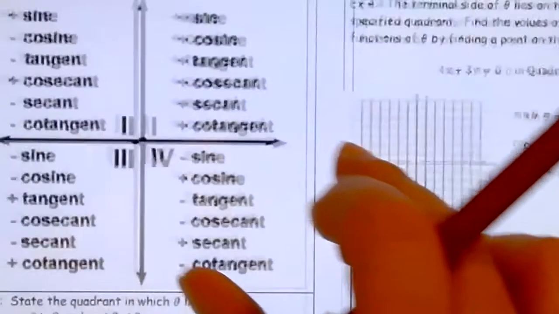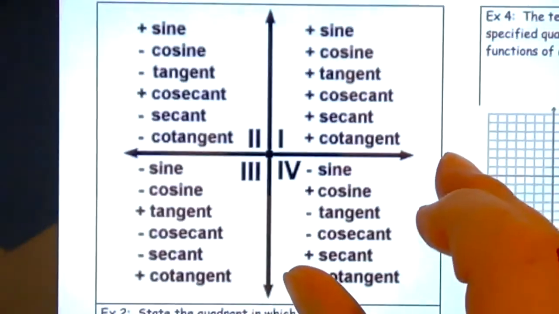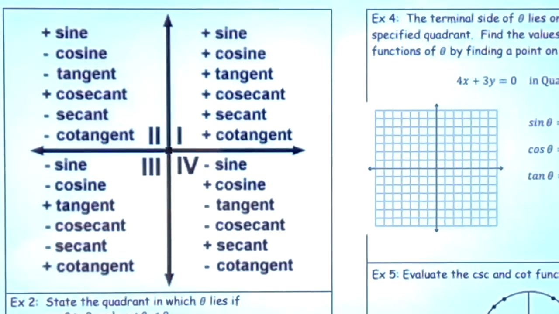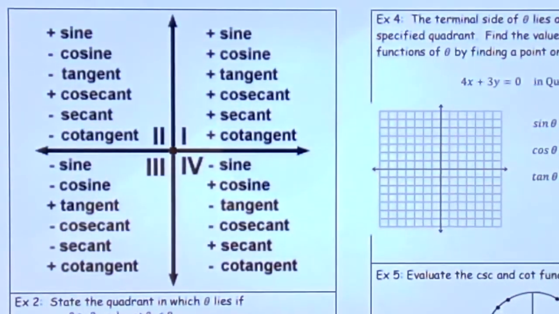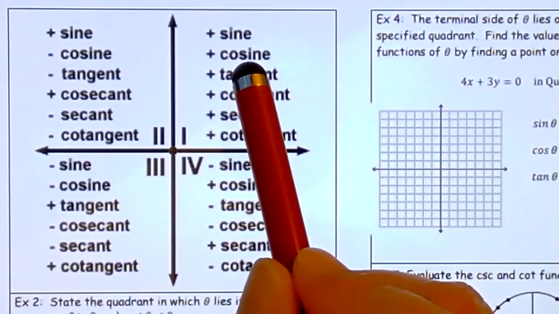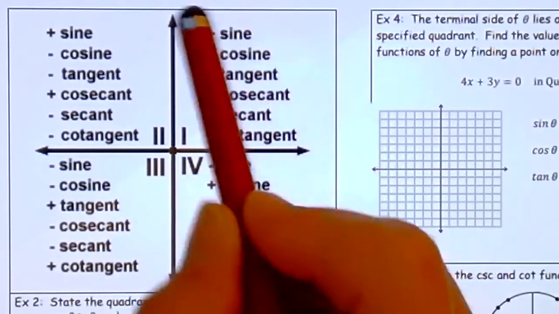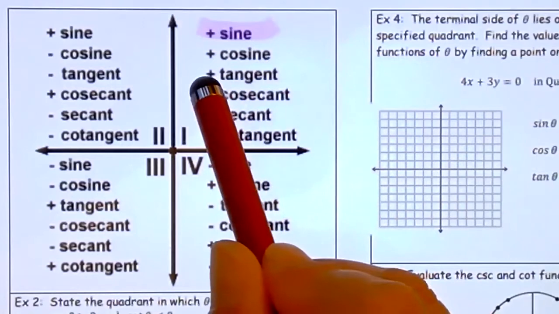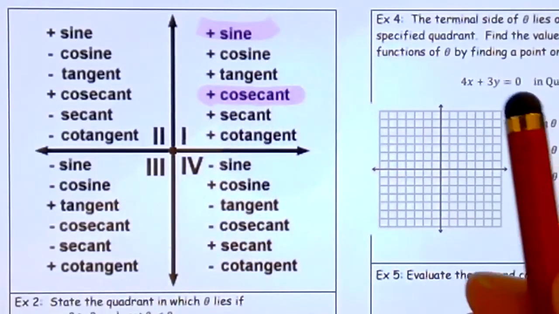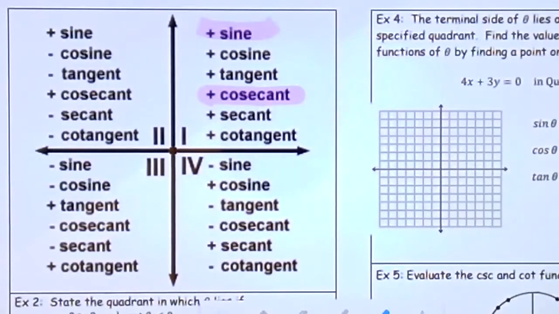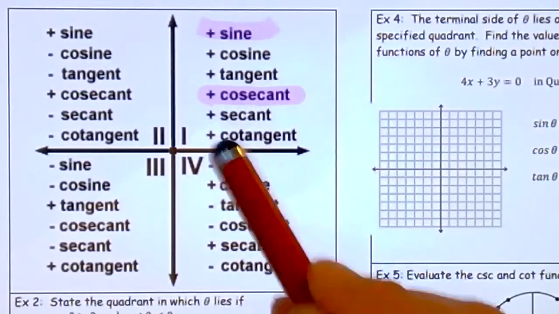Okay, so now this next page is really just the same as what I just had on the last one, but it has all 6 of them. Now, really, you do not need to memorize all this because whatever sign your sine is, so is its reciprocal, which is the cosecant. So your sine and cosecant are always going to have the same sign in the same quadrant.